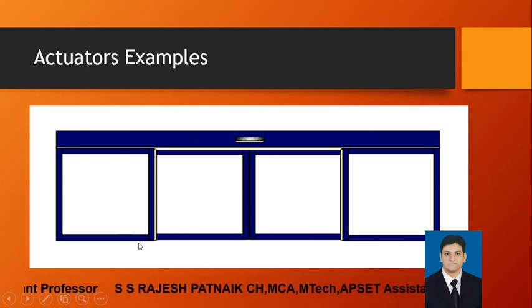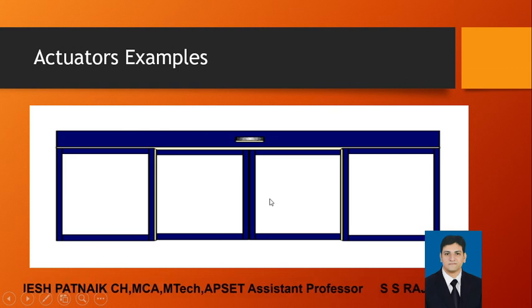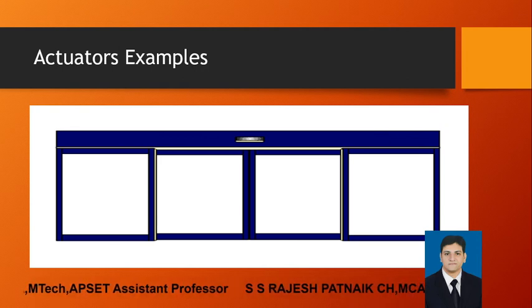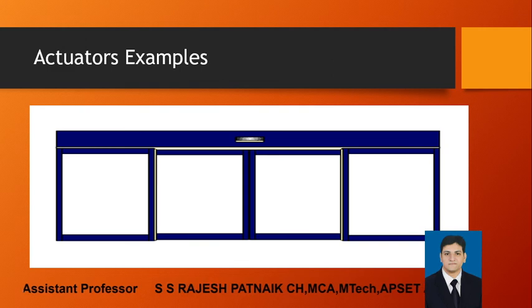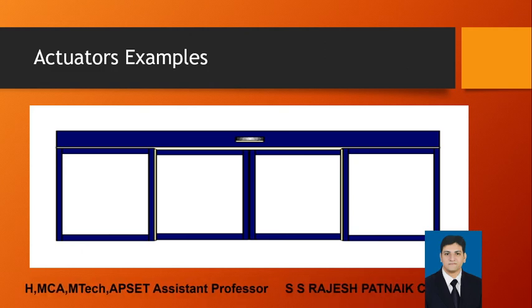So these doors automatically open and close because of the actuators. The sensor senses and puts that data to the actuators, that means it transfers the data to the actuators. The actuators will perform a certain action. This is one of the real-time examples.